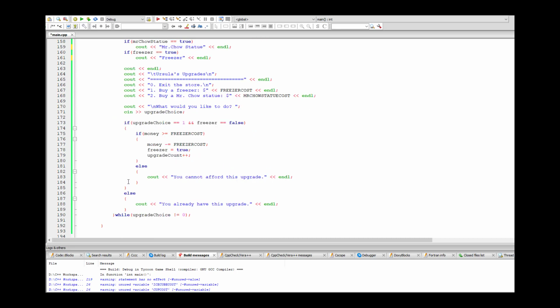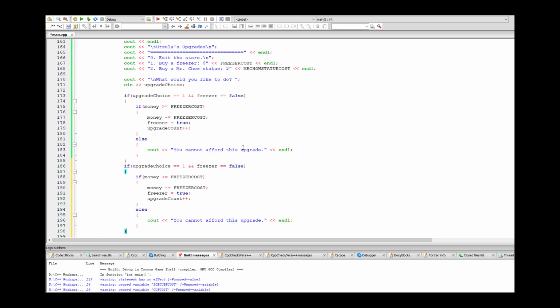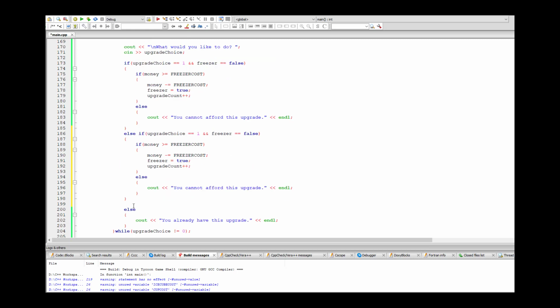Let's go to include the Mr. Chow statue. So basically the same thing. So we're going to have an else if. All right, so if the upgrade choice was 2 and freezer is equal to false.